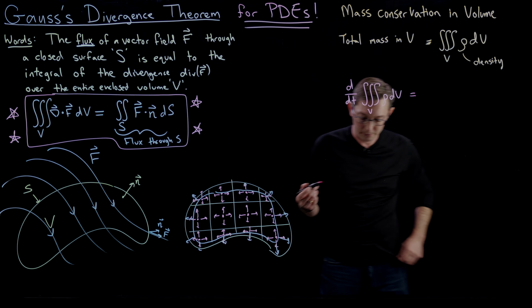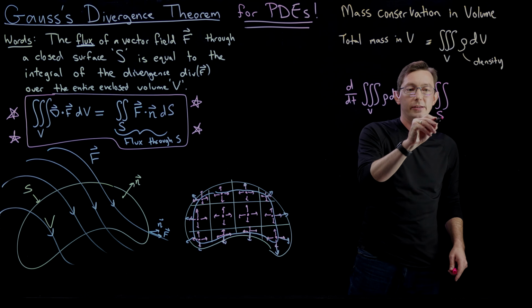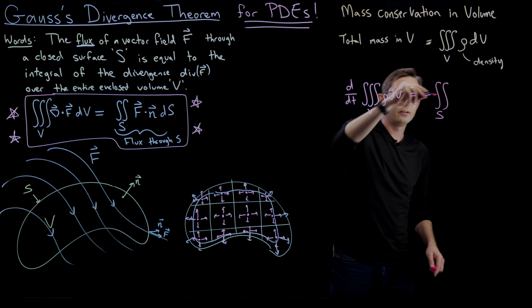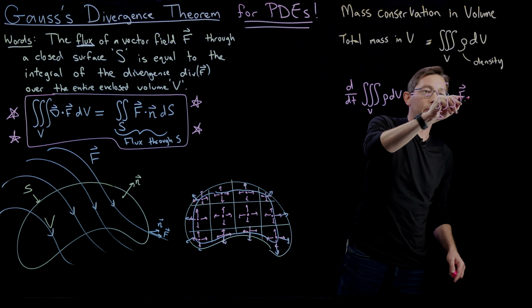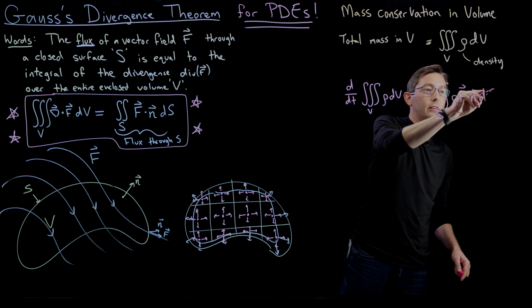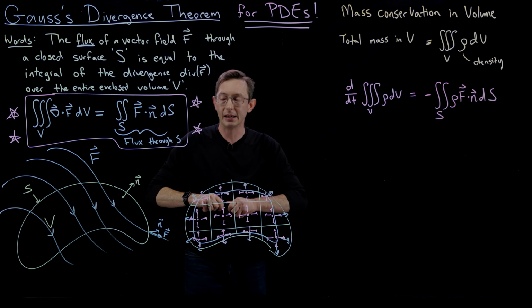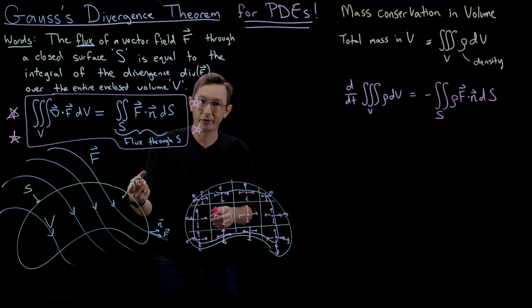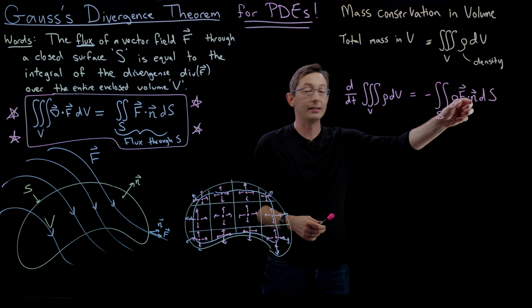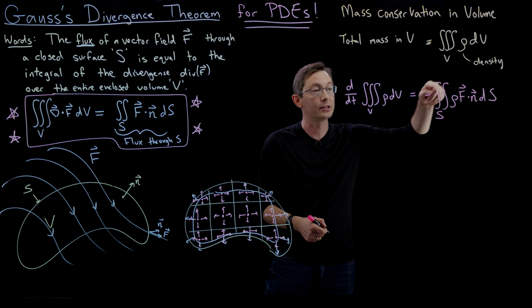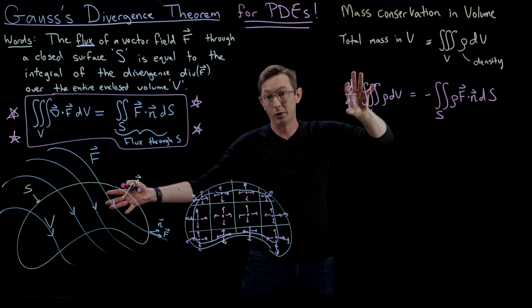So this would equal minus the integral through the surface of my mass that's being carried out through the normal direction, dS. And I have this minus sign because if I have a positive flow carrying mass out of my volume, if this F dot n is a positive thing carrying flow out, then that is a negative rate of change of mass inside the volume.